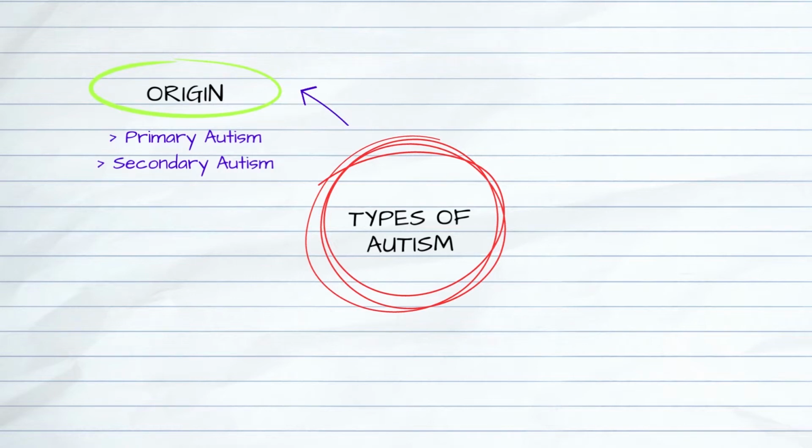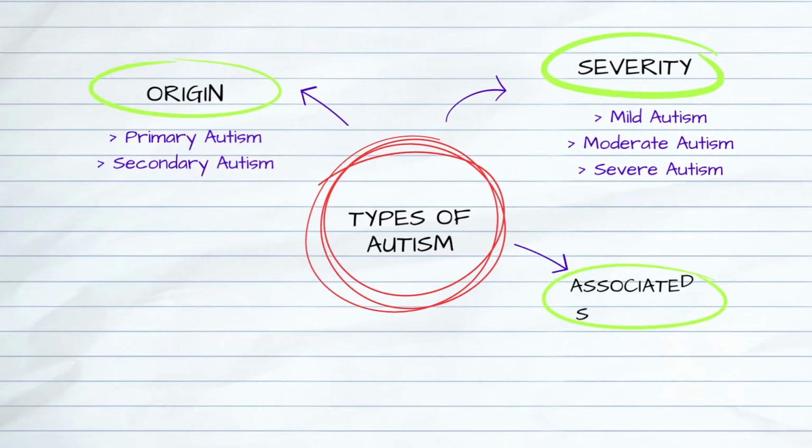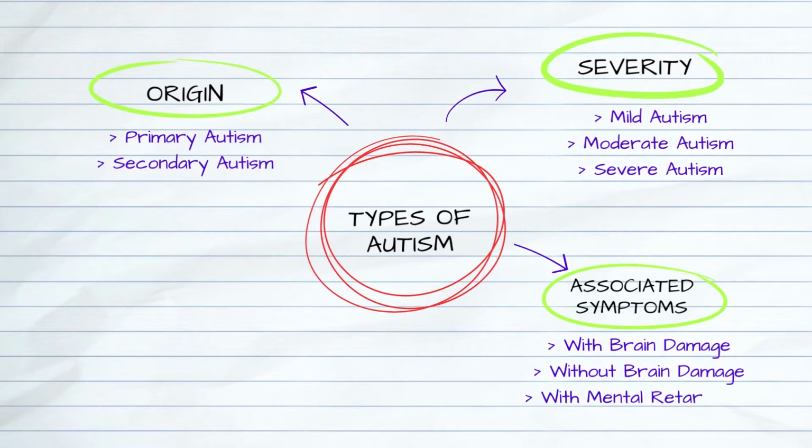If we try to understand autism from its severity point of view, then we can divide autism into three types: mild autism, moderate autism and severe autism. If we try to understand autism along with its associated symptoms, then autism can be divided into autism with brain damage, autism without brain damage, autism with mental retardation and autism with mutism, that means deafness.